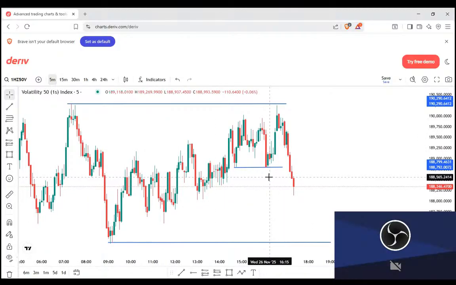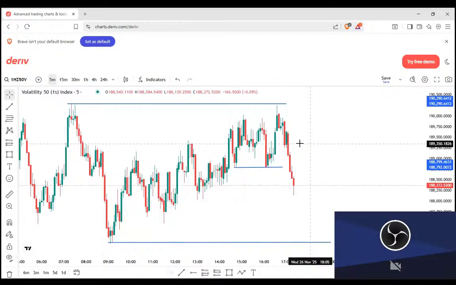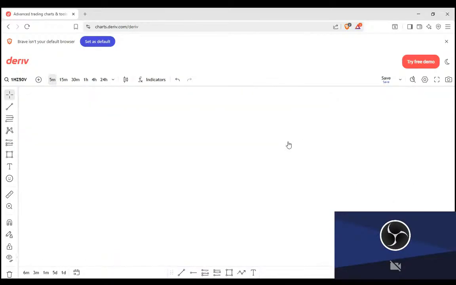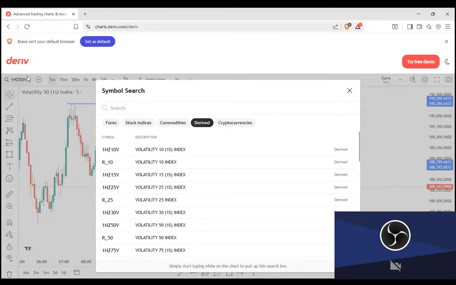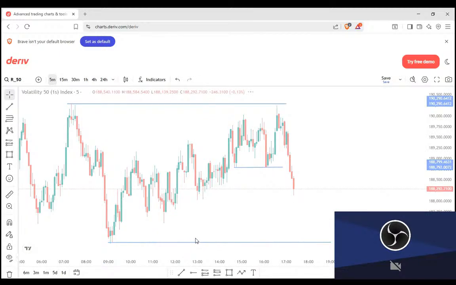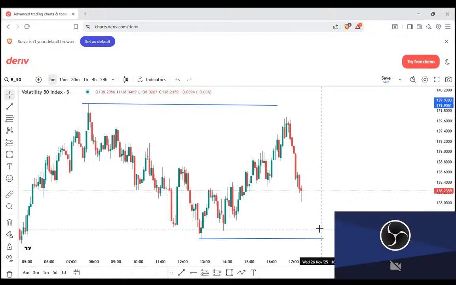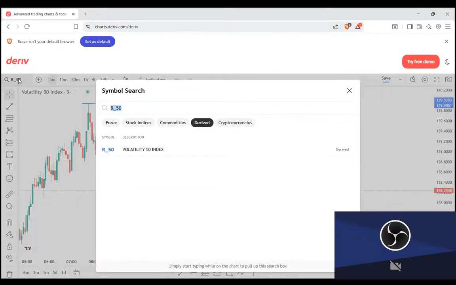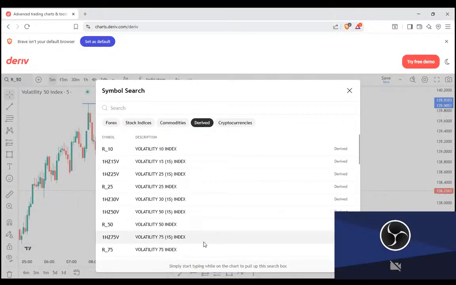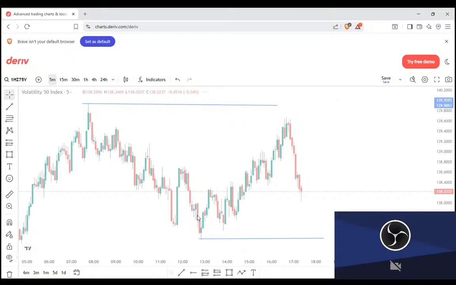This one is breaking out structures, having price to reject back to this one. Okay, while we wait for it, we'll still be looking at the one that are very close. 50 index. Okay, still retracing back. 75 1S index.